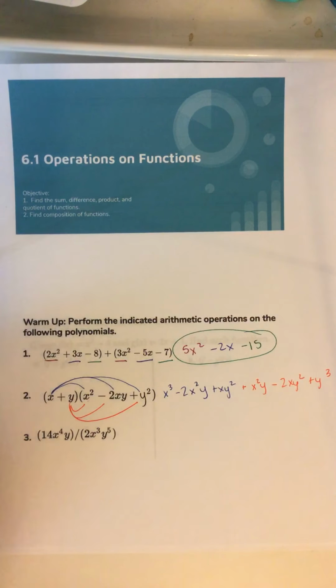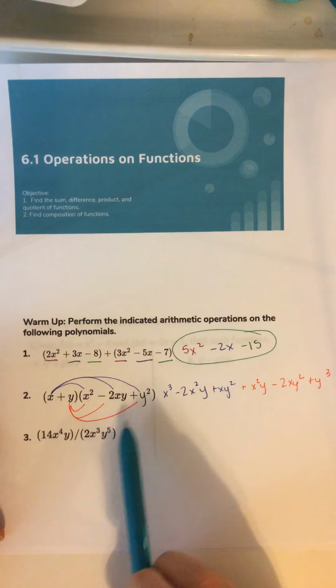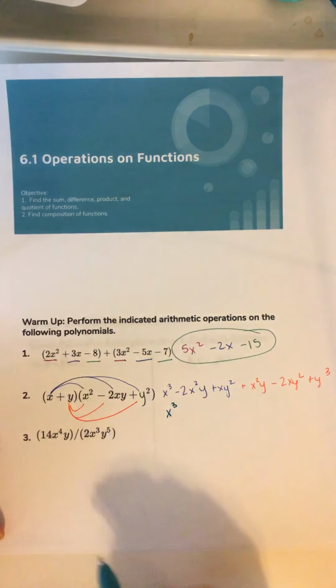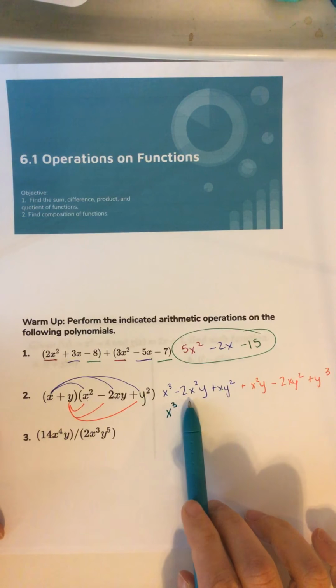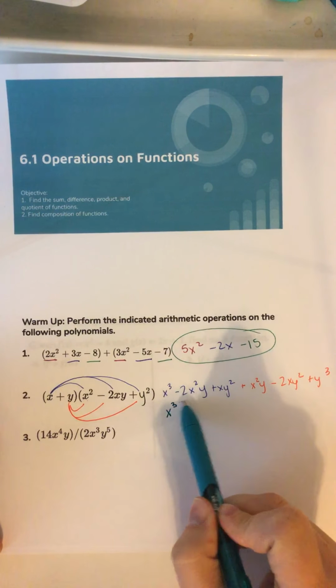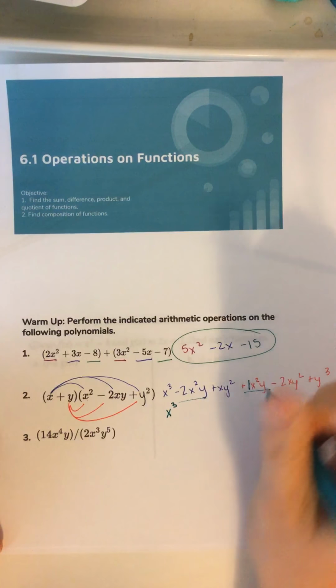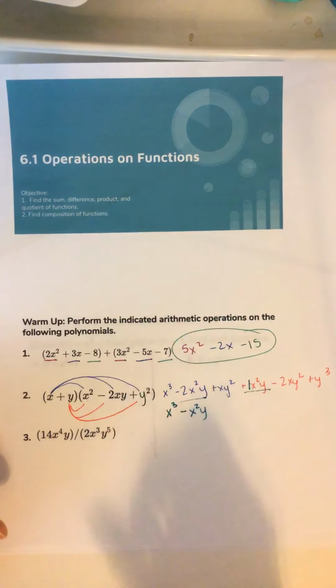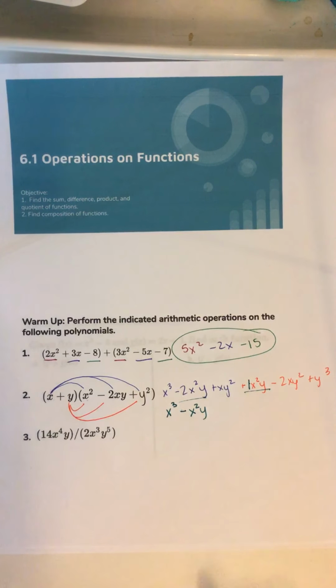So then to clean this up a little bit, we're going to combine like terms. Nothing else goes with the x cubed, so that's going to stay the same. And then we have minus 2x squared y plus x squared y. So we can think of that as a plus 1x squared y to get us just a minus x squared y. Negative 2 plus 1 is just a negative 1.